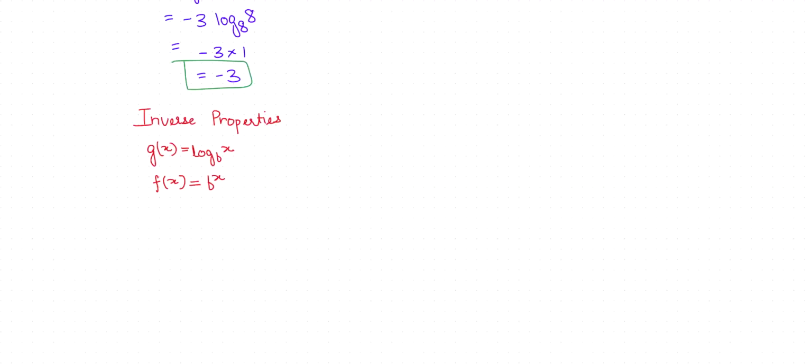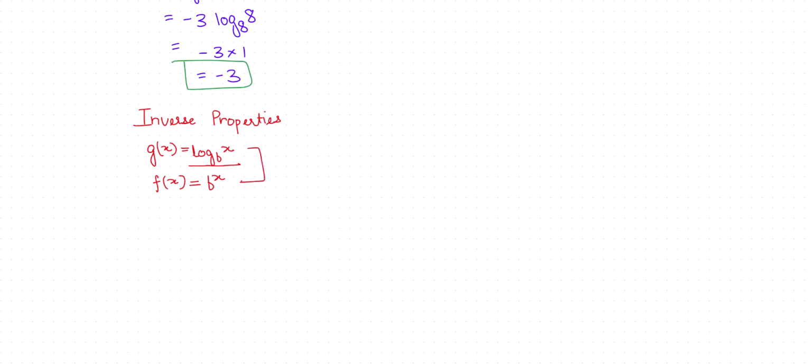So now we'll use the inverse properties. So suppose I have a function g of x, which is log base b of x, and we have another exponential function, which is b raised to power x. And we know that these both are inverse of each other.